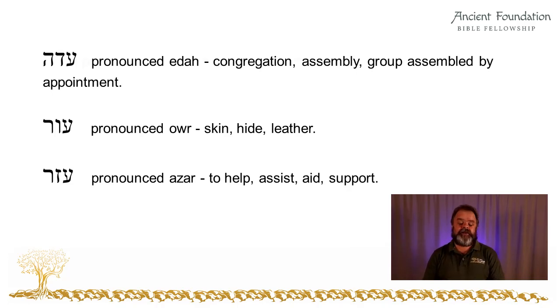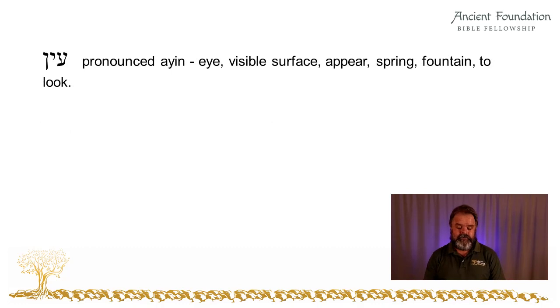The next word I want to show you is pronounced Ayin, and this is the same as the pronunciation of the letter Ayin, and it's the eye, visible surface, appear, spring, fountain, and to look. And you can see some of the connections here. A spring, if you can imagine a spring, it looks like an eye, the round shape of an eye, and also a fountain. So you can see the connections here.